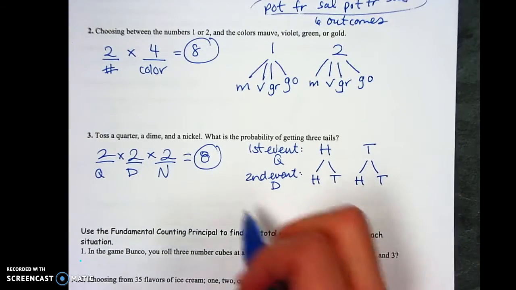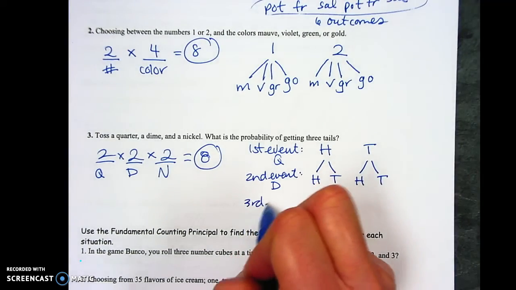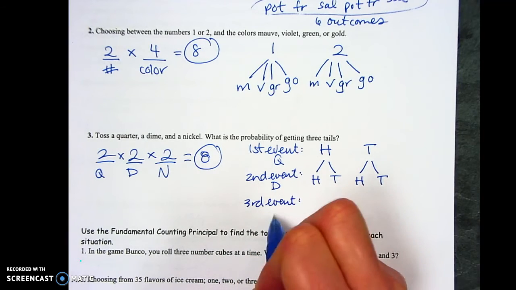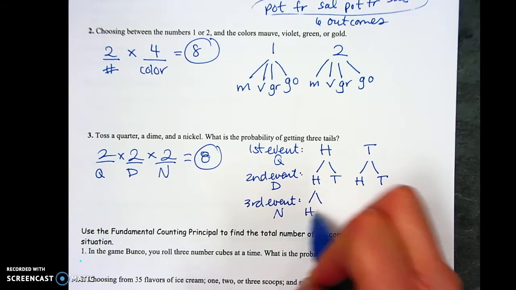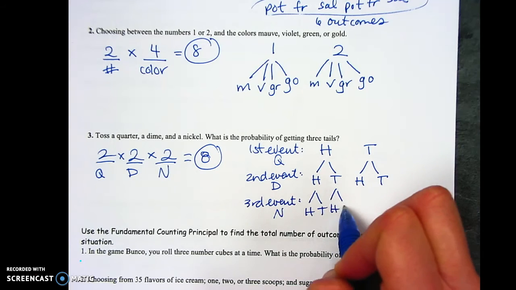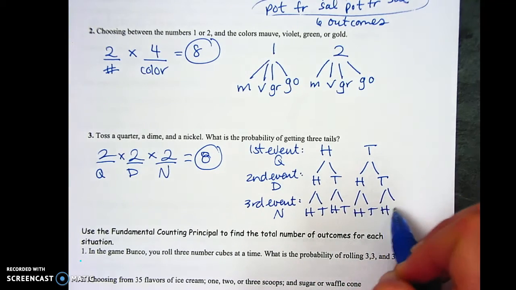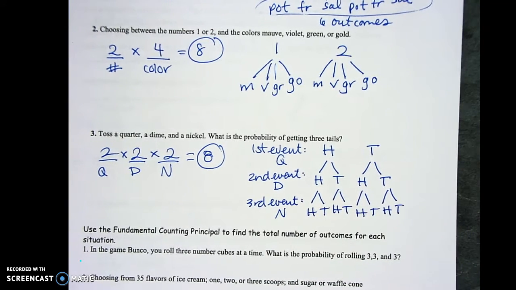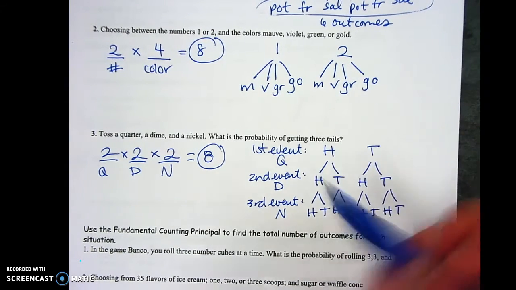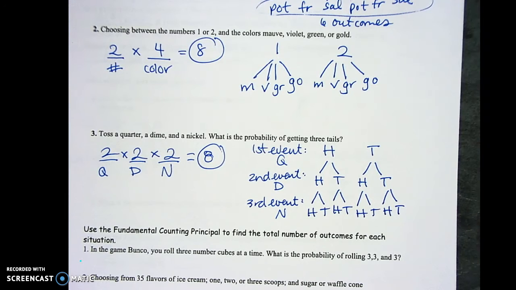And our third event, flipping the nickel. Heads, tails, heads, tails, heads, tails, heads, tails. Gets a little repetitive, but we have 3 layers or 3 different events, so make sure there's 3 different layers here to our tree.